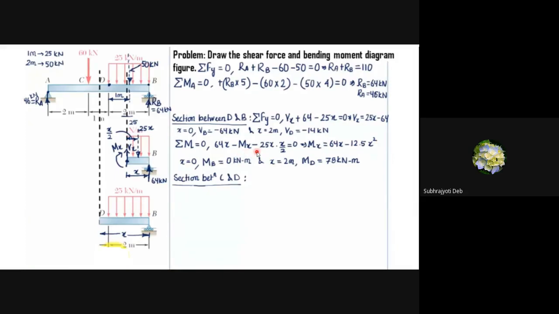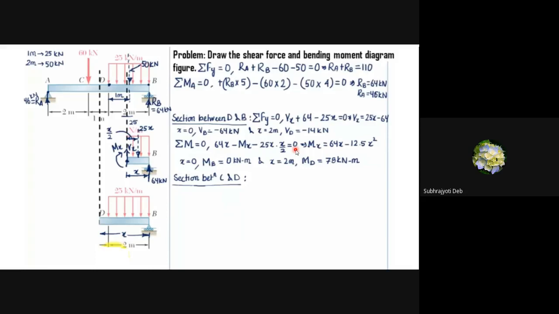Again 25x into x by 2. This is the point load, 25x, and what is the distance? x by 2. It is the middle point, isn't it? It is acting in the middle. So 25x into minus x by 2. Why is it negative? Because it is downward. Equal to 0.